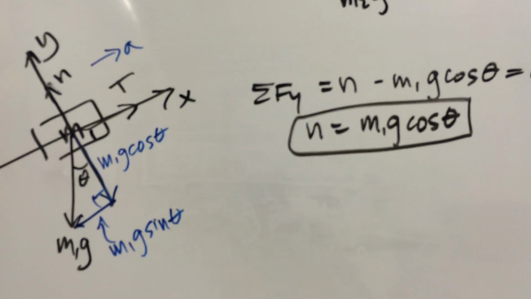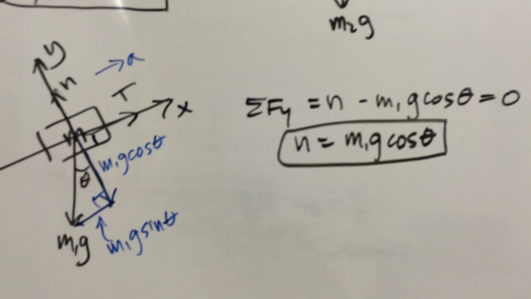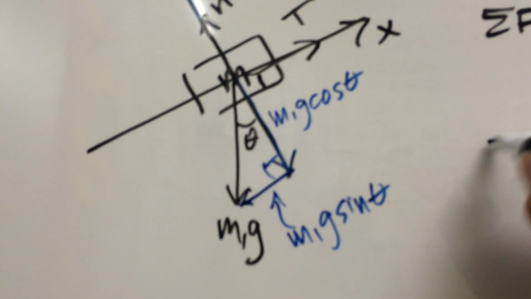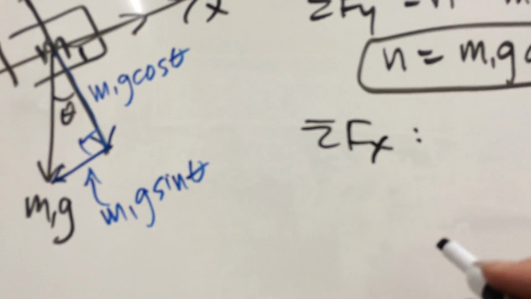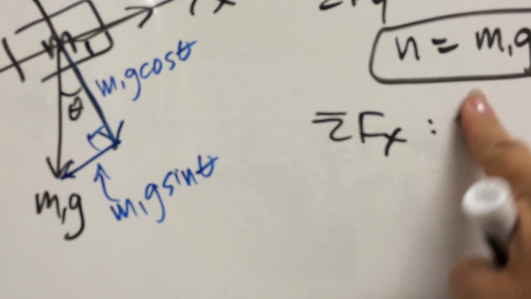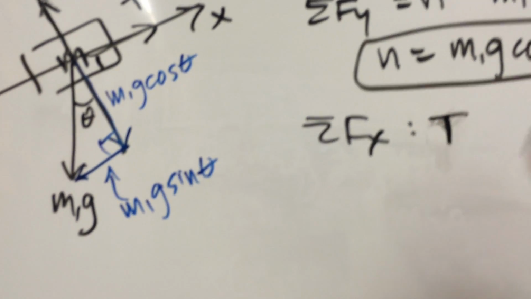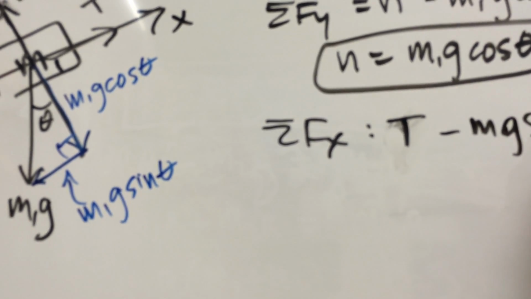Now, in the x direction, let me write this down. The sum of forces in the x direction is going to be T along the positive x direction, I'll write this as capital T, and then a minus m1g sine theta.